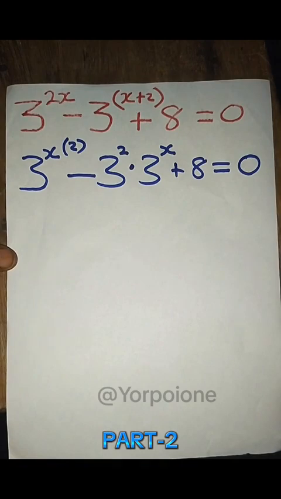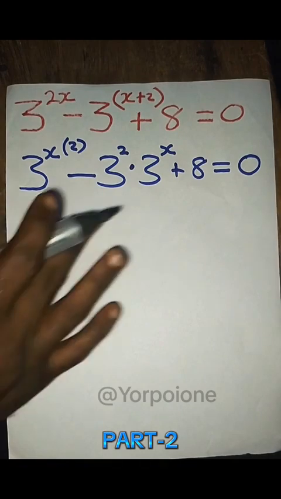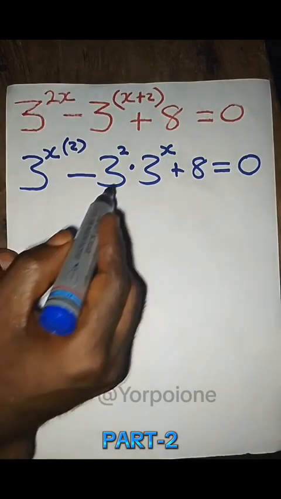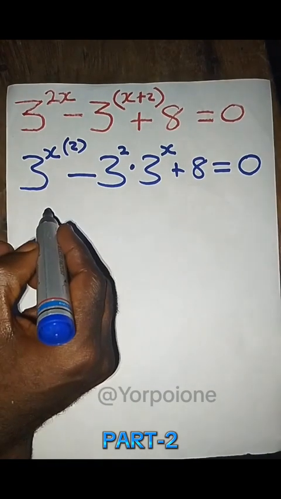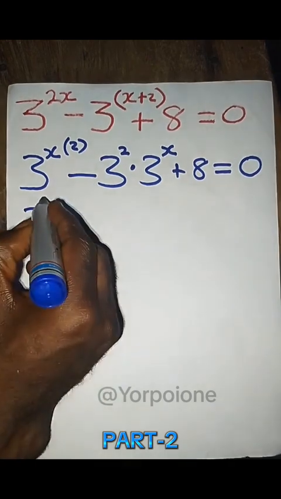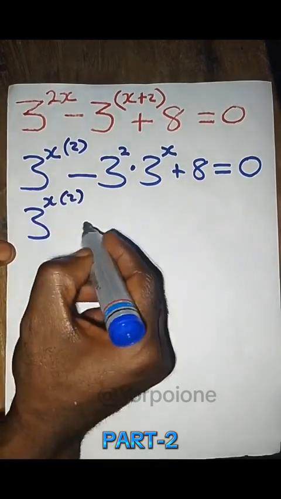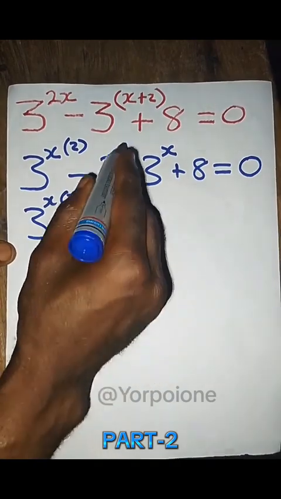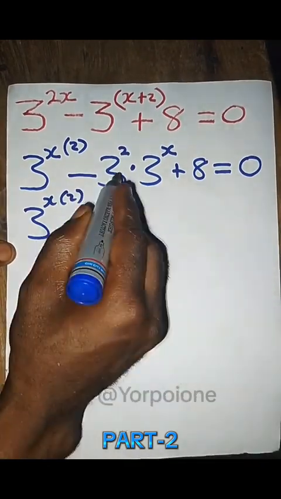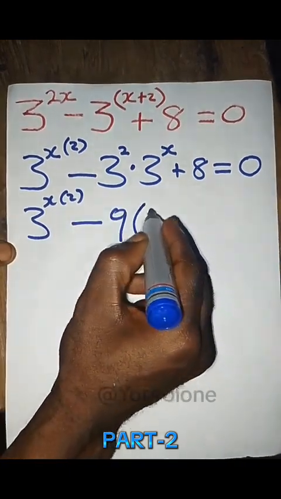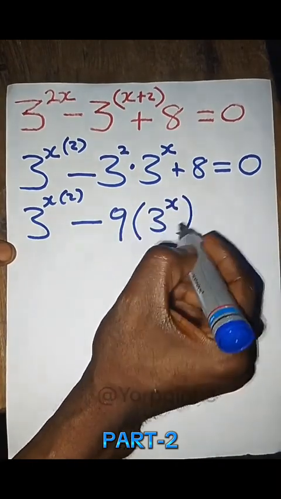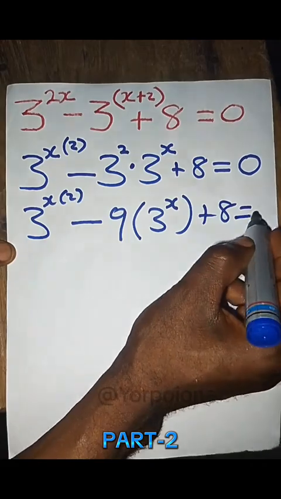Okay. Now, what do we do here? 3 to the power 2 means 3 times 3, which gives us 9. So we still have 3 to the power x all to the power 2, and 3 to the power 2 gives us 9. We multiply this by 3 to the power x plus 8 is equal to 0.